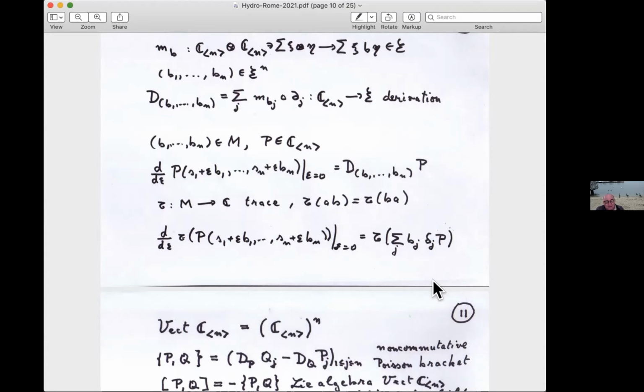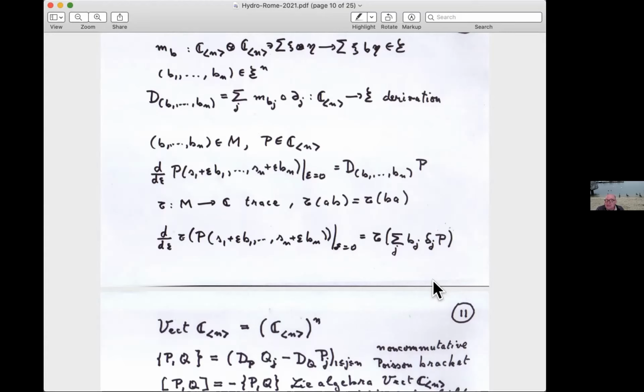And then I have S1, ..., Sn, I assume they live in M, and the B's also in M. So then I take the trace of a polynomial and I give to S1, ..., Sn these infinitesimal increments, epsilon B1, ..., epsilon Bn, and the derivative of the trace of the polynomial is exactly the sum of the trace of Bj times the cyclic derivative delta j P. So you see, this n-tuple delta 1 P, ..., delta n P acts like what the gradient does in certain situations.